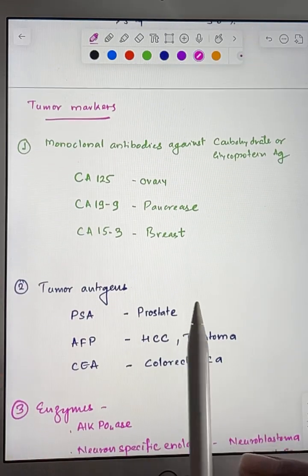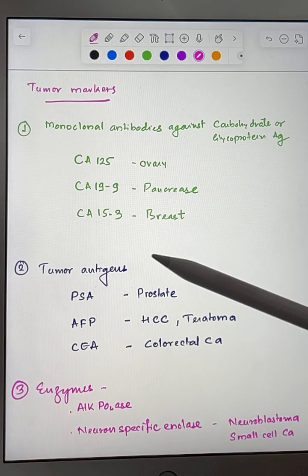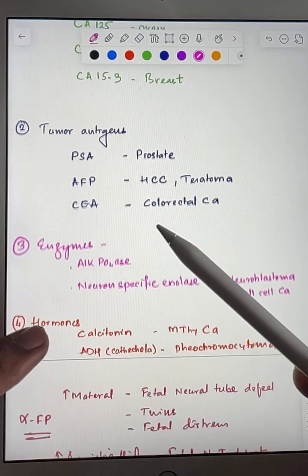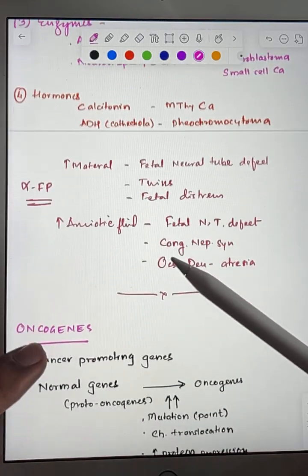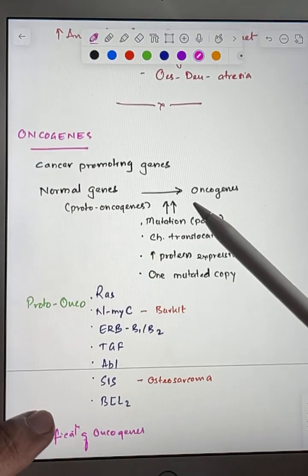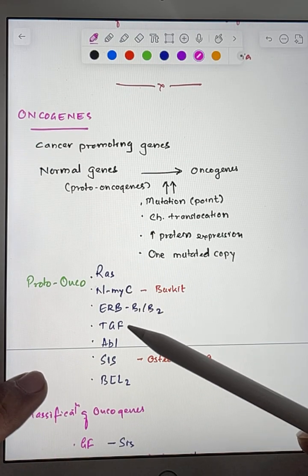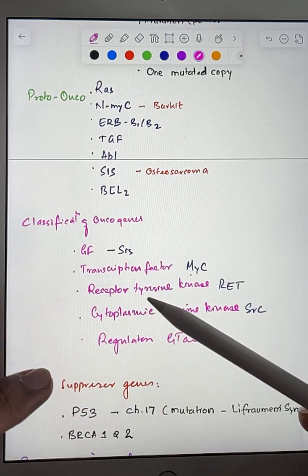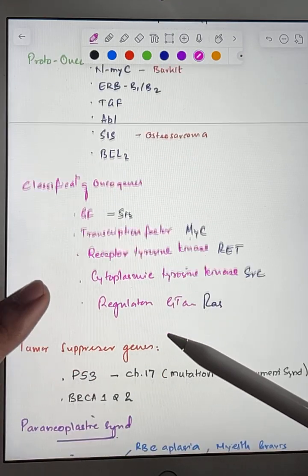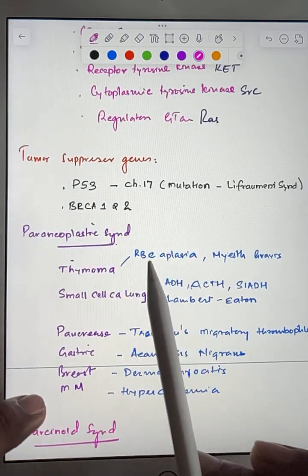Tumor markers we have seen: for the ovary CA 125, CA 19-9 for pancreas, breast tumor antigen, PSA, alpha-fetoprotein, enzymes, alkaline phosphatase, hormones, calcitonin. Oncogenes we have seen: proto-oncogenes, RAS, MYC. Classification of oncogenes: transcription factor, MYC, receptor. Tumor suppressor genes: p53, chromosome 17, BRCA.